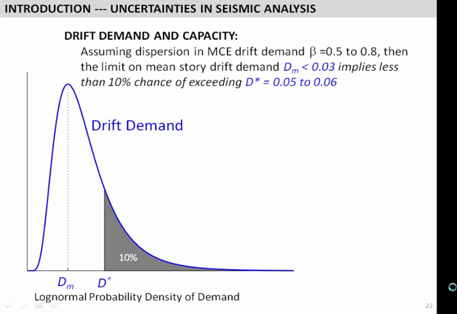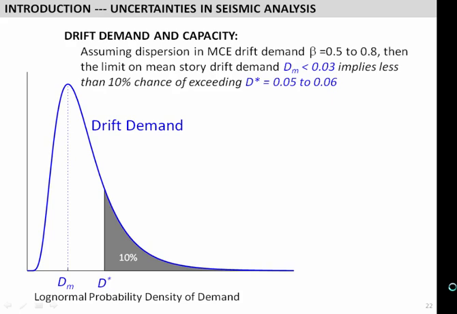So keeping this in the back of your mind, the tall building criteria, what's nice about them, they're fairly prescriptive. Again, it's not a research project you have to get into, but keep in mind that there's a lot of uncertainty hidden behind that. So for example, when we calculate the drift demand, there might be a cumulative dispersion of 0.5 to 0.8, essentially a coefficient of variation on our calculated drifts, for these parameters I described in the ground motion, the record-to-record, and modeling uncertainty.